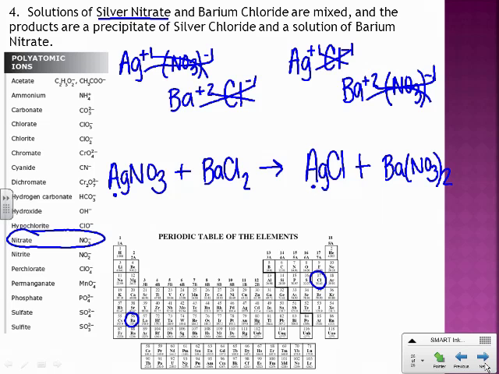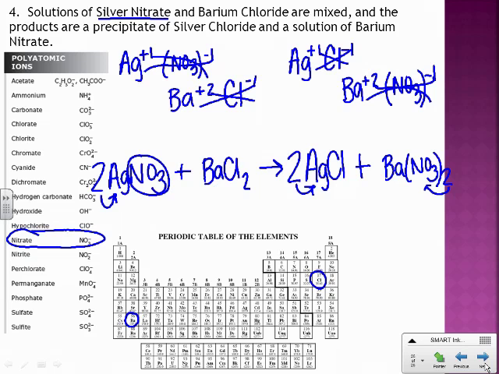Next, if I look up NO3, this is a polyatomic ion, so I need to balance it like it's a unit. I have 1 NO3 right here, but if I look over here, I have 2 NO3s. So what I need to do is put a 2 in front of this AgNO3, and that balances the nitrates. But remember, we just said I had 1 Ag on this left side. Now I have 2. So I need to put a 2 in front of this Ag to make those equal.